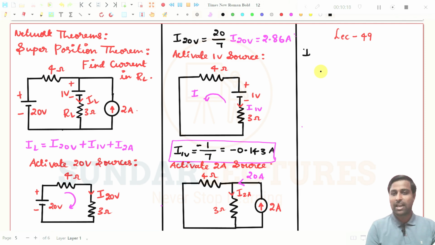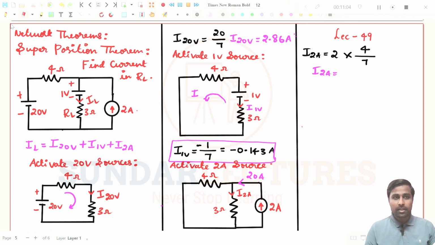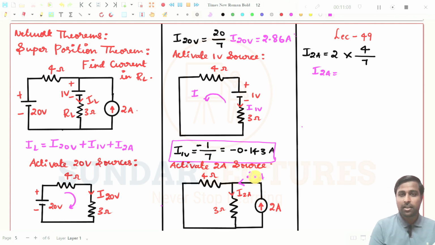I due to the 2 ampere source is equal to the total current, 2 amperes, times the opposite resistor, 4 ohms, divided by the total resistance, 7. Sorry, I made a mistake earlier, it is not 20 amperes, it is 2 amperes.